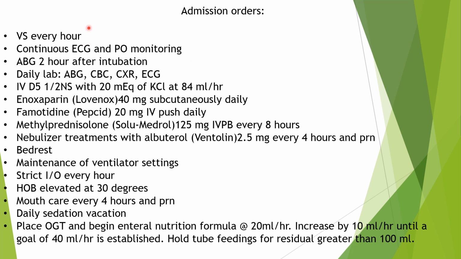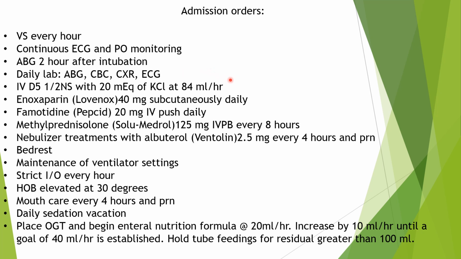Vital signs should be checked hourly. Continuous ECG and pulse oximeter monitoring should be there. ABG should be taken 2 hours after intubation to see the changes. Daily lab investigation should be done, that includes ABG and CBC. Chest X-ray and ECG should be taken daily.